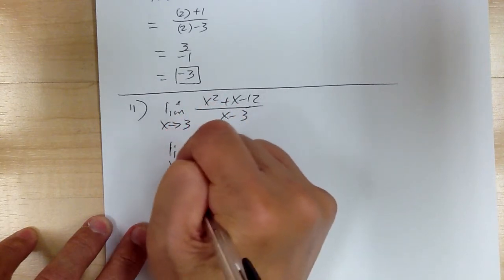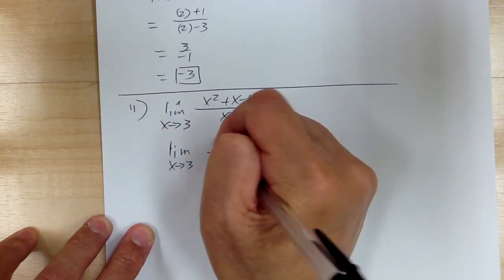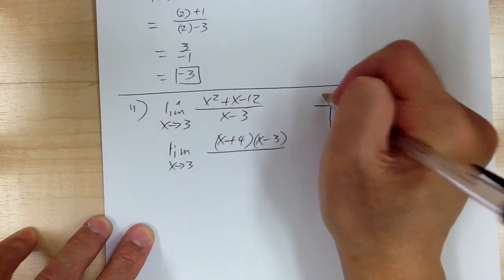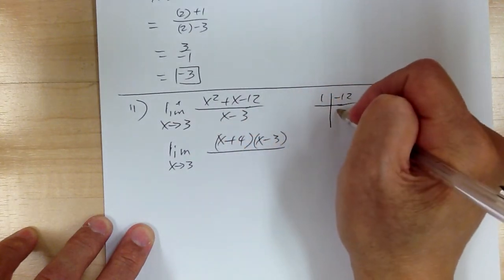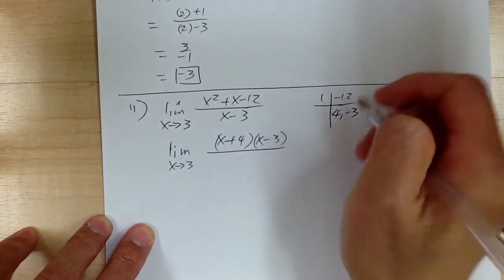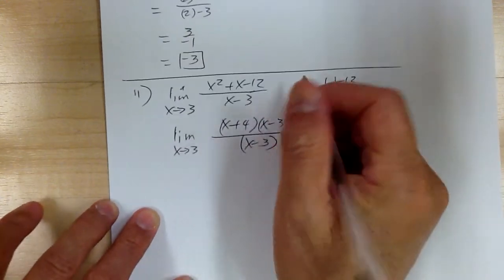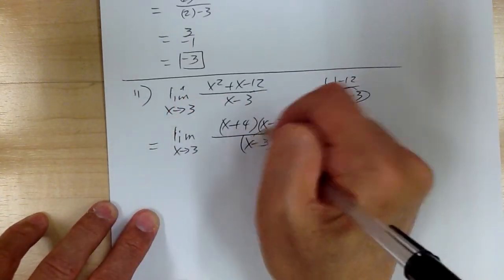So you're going to get x plus 4 times x minus 3. You can use your master product, right? 1, negative 12, so you're going to get 4 and negative 3. So that's how I get that, right? And so this cancels out.